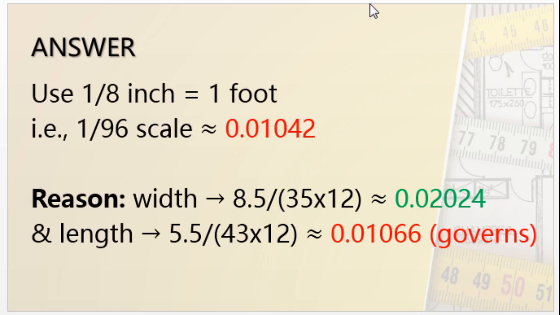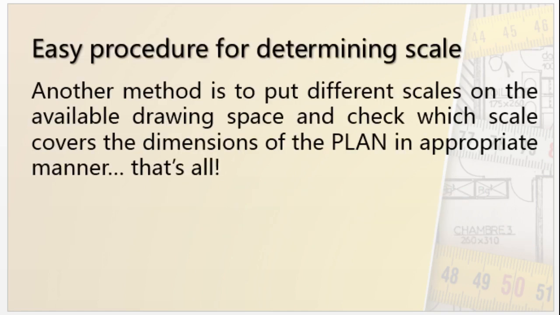So this is the tough procedure for you, but there is a simply easy procedure for determining scale, which you will use without any calculation. Just put your different scales, if you have cardboard scales or a triangular scale, just rotate your scales and place them over your available space to see if the longest dimension, 46 feet, accommodates within the height.